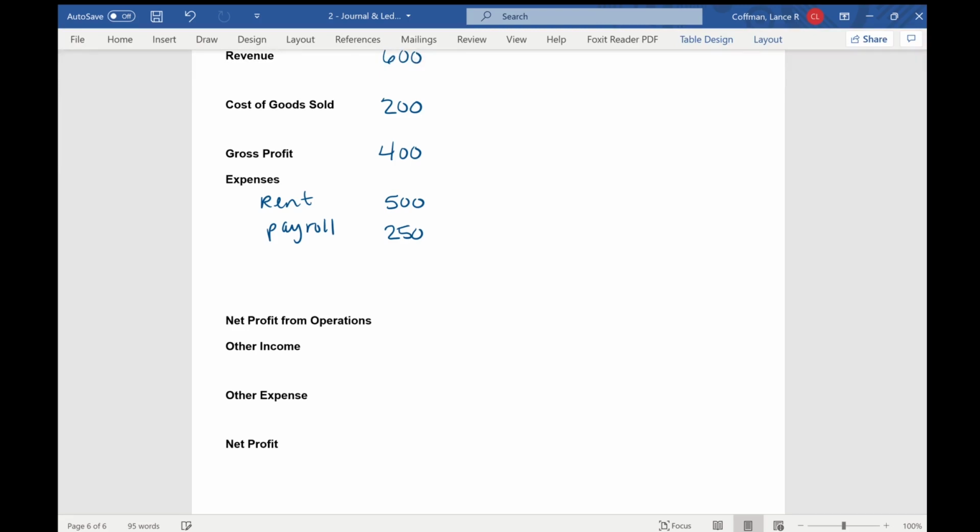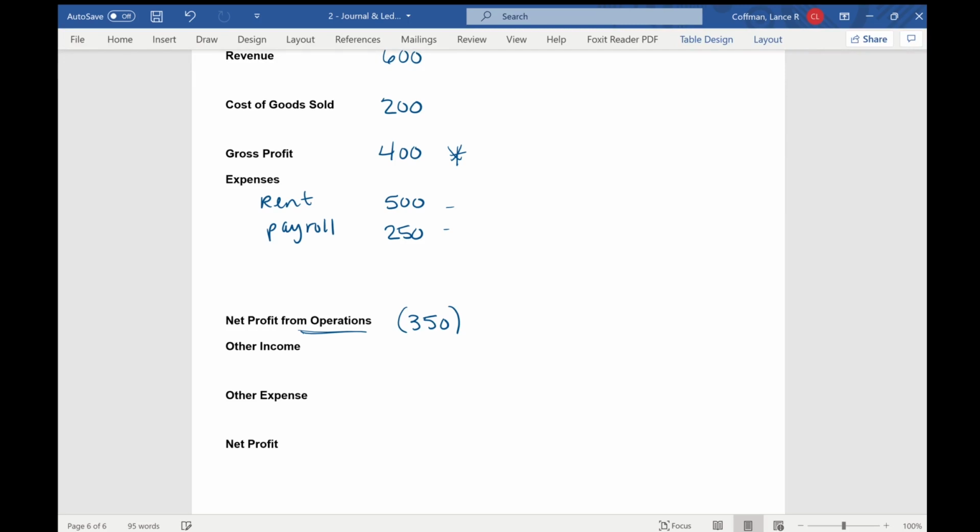So when you're calculating net profit from operations, this right here, you're looking at that gross profit right here minus the operating expenses. So in calculating that, it actually shows a net loss of $350.